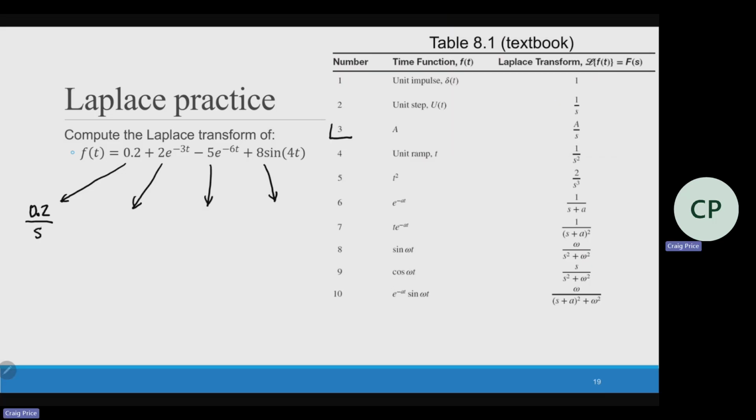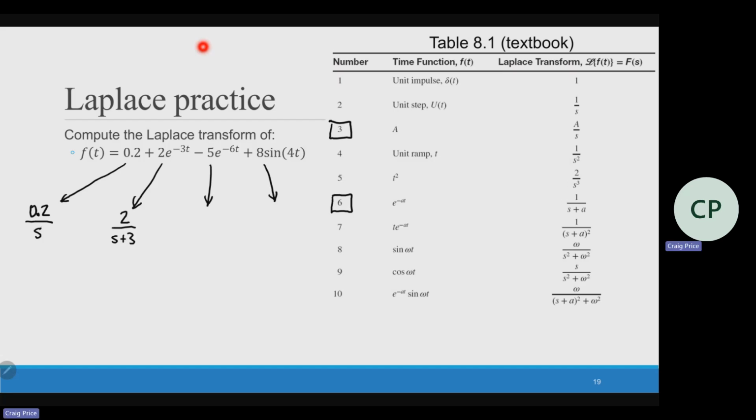So let's see. The first one, we just have a constant 0.2. So that would be line 3. That's going to become a 0.2 over S. The next two correlate with line 6. So this is going to become 2 over S plus 3.